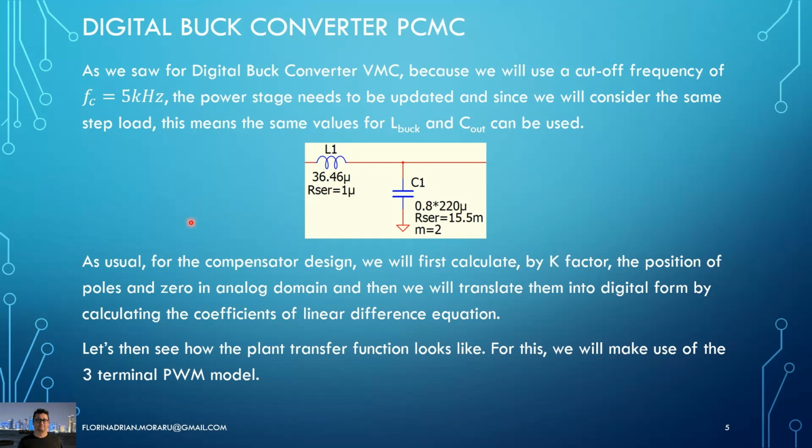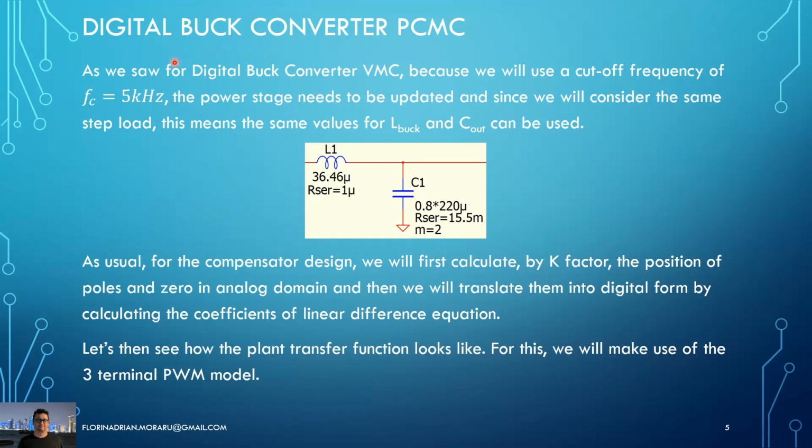So every delay in the sampling or ADC sampling of the output voltage and processing inside the digital domain will come with a decrease in the phase.